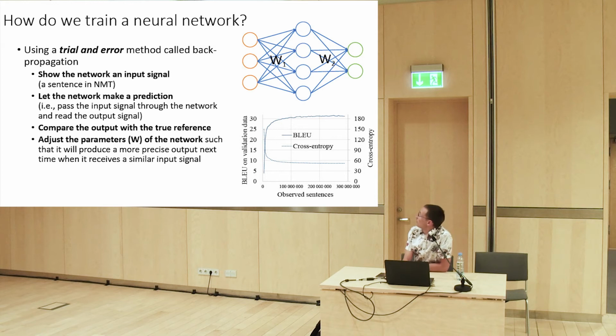So here you see on the bottom side how a neural network is trained. So when it has not seen anything, the quality of the neural network is very low. But once we start showing it sentences, the quality starts to increase.